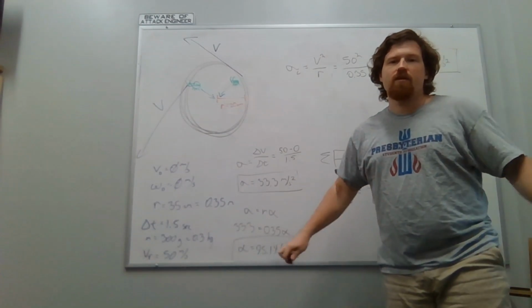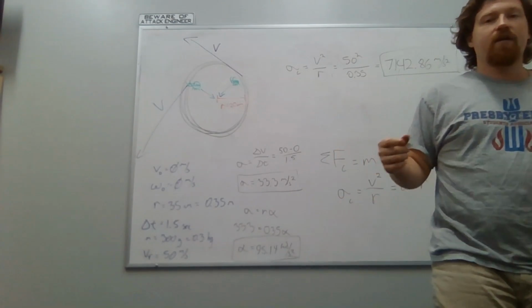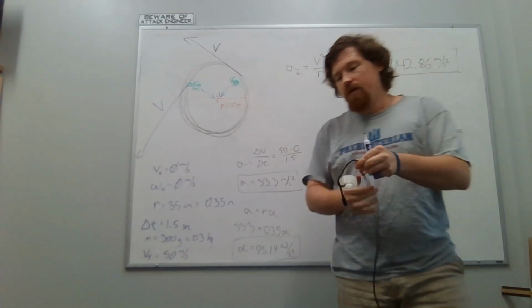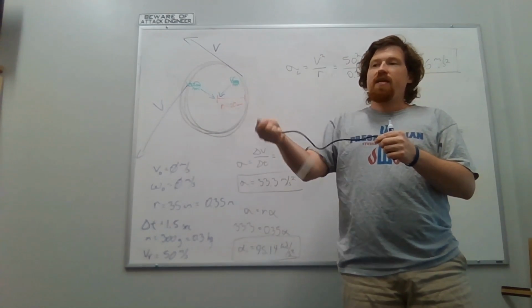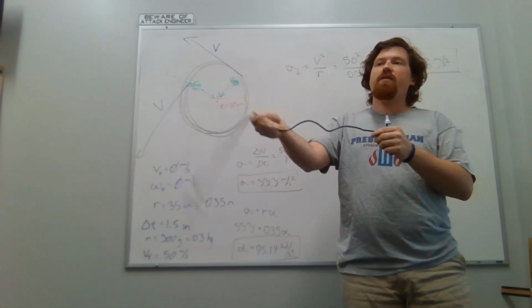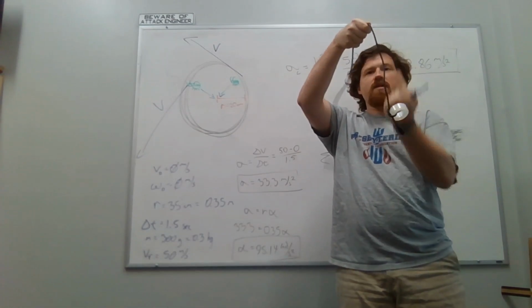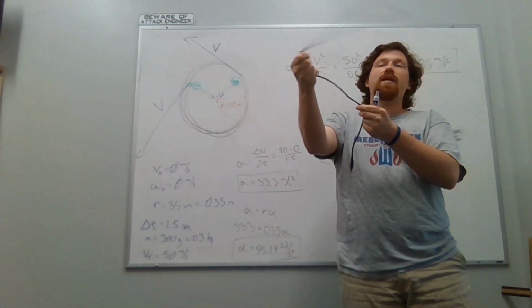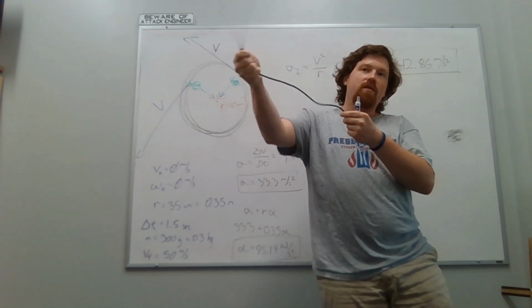Last but not least, what was the tension required in the rope, in the sling, to allow all of this to happen? In order for David to be doing this, he had to be exerting a force on the rope, and the rope had to be pulling in on the stone. So this rope is constantly pulling into the center of the circle to keep the rock moving in this pattern.